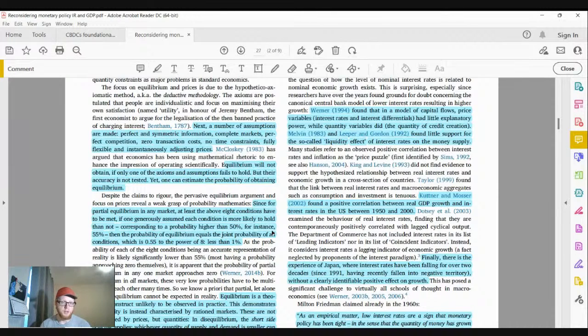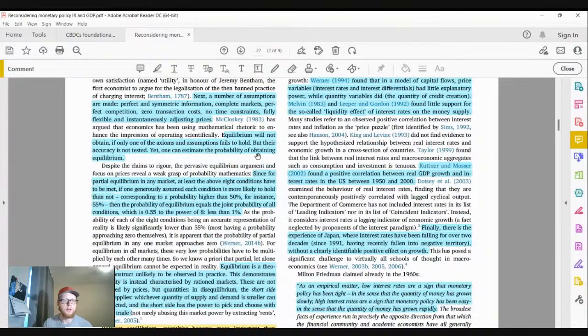Those assumptions include perfect and symmetric information, complete markets, perfect competition, zero transaction costs, no time constraints, and fully flexible, instantaneously adjusting prices, right? So equilibrium will not obtain if only one of the axioms and assumptions fails to hold, but their accuracy is not tested.